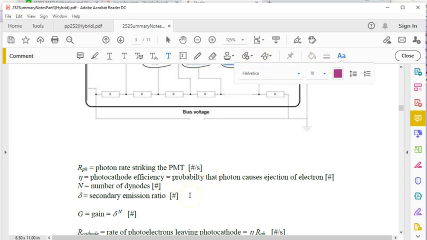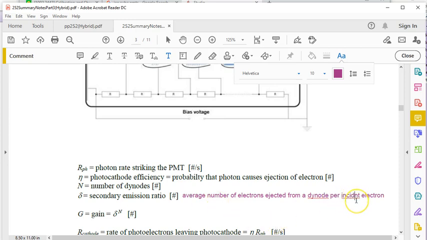So this is the average number of electrons emitted, or let's say ejected from a dinode per incident electron.